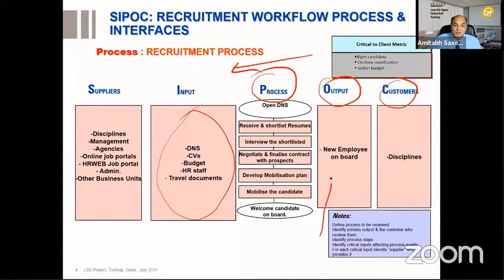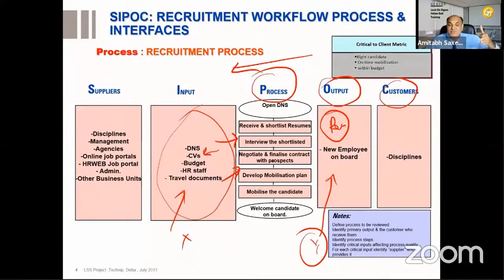Then the measure on the output is a Y, and the measure on your inputs is the X factors. Like time taken to mobilize the candidate. Recruitment time is the Y, and it is dependent on CVs, available or not available, which is attribute data. Budget, approved or not approved, attribute, or how much, which is continuous.